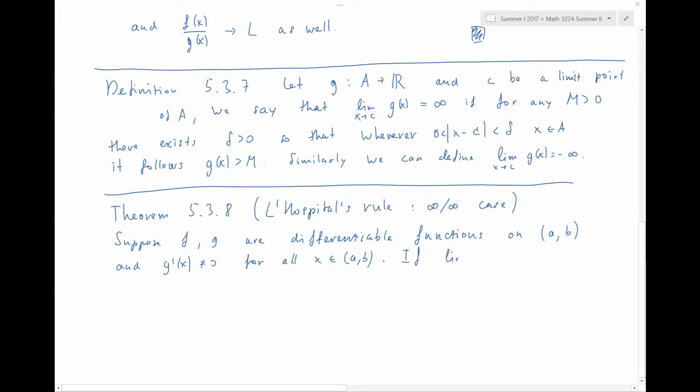So if the limit as x converges to a of g of x equals infinity or minus infinity, then the limit as x converges to a of f prime of x over g prime of x equals L implies that the limit as x goes to a of f of x over g of x also is L.